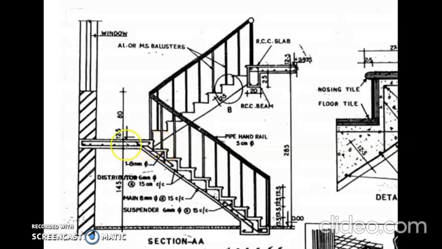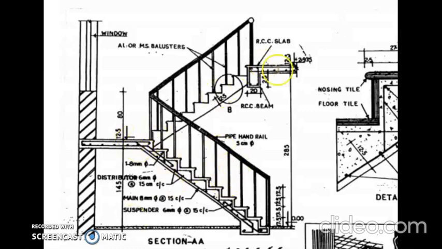And the ninth one is a landing, which is not counted as a tread. So the number of tread should be less than the number of rise by 1. So the number of rise is 9, and the number of tread is 9 minus 1, 8.